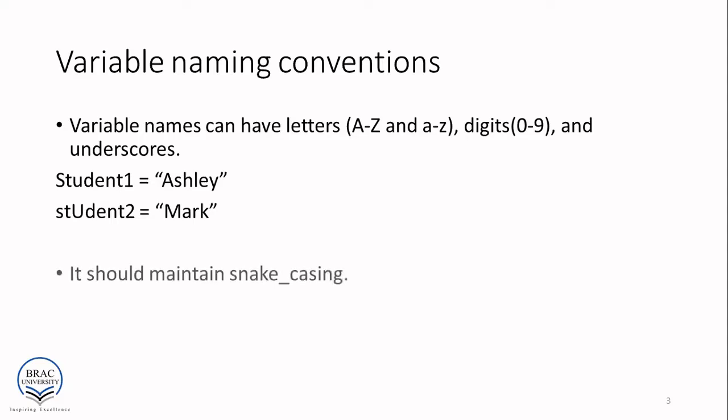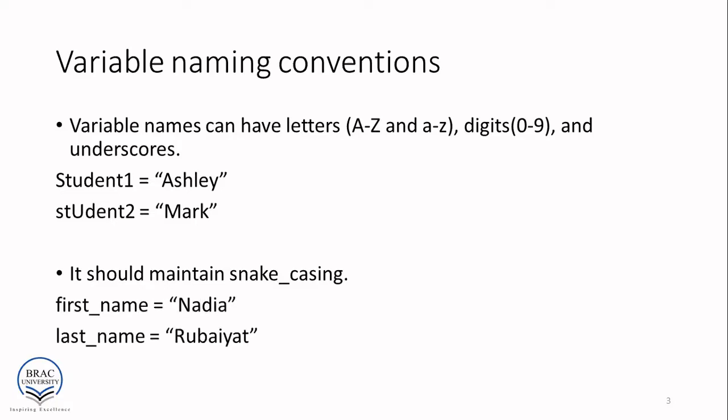Again, while naming the variables, we should maintain snake casing. This means that when we want to name our variable with more than one word, we can replace the space with underscore. For example, if I want to store my first name in one variable and my last name in another variable, I can name the first variable as first_name and the next variable as last_name.